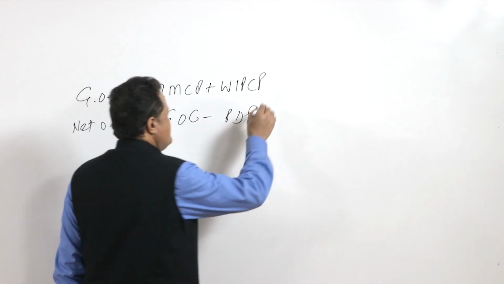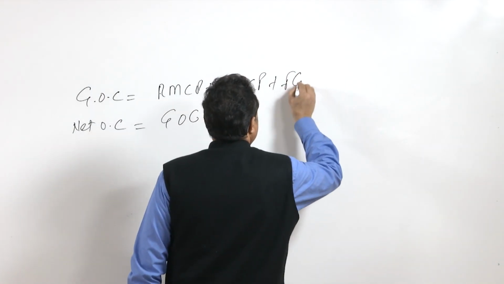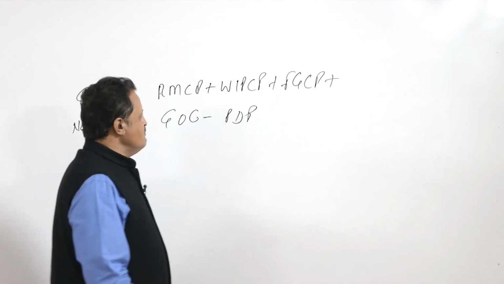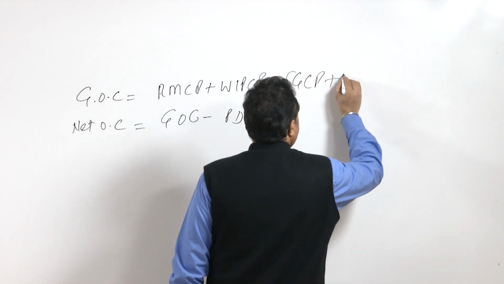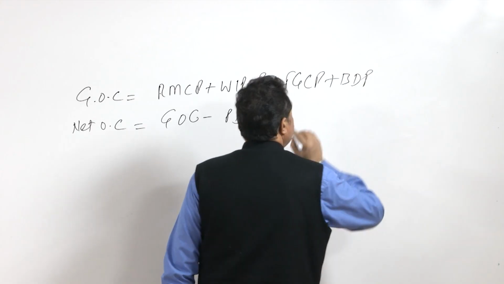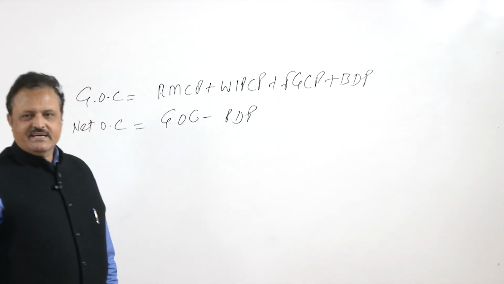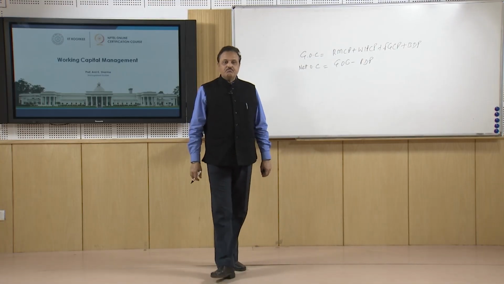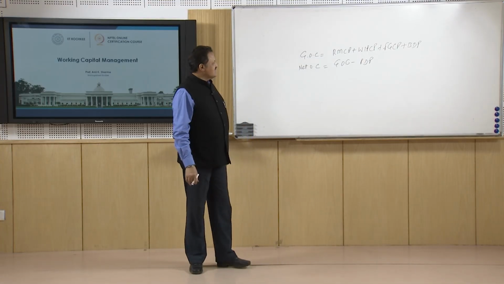Then is the FGCP, finished goods conversion period, and then the last stage is the BDP. BDP means book debt period, the credit period allowed to the buyers who want to buy on credit.